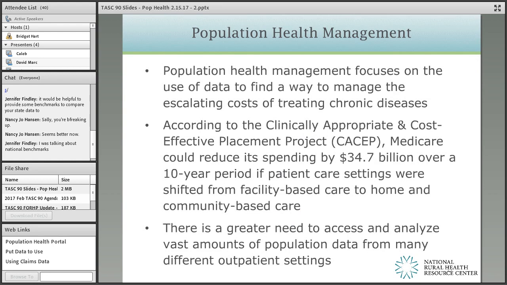So they definitely have an interest in making this information usable for smaller hospitals. And David, you can just click on the arrows as needed to advance your slides.